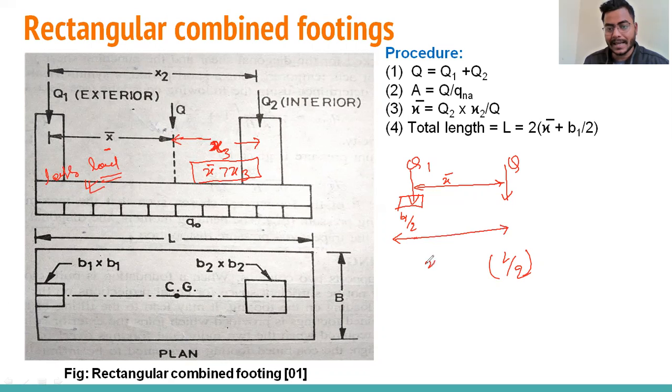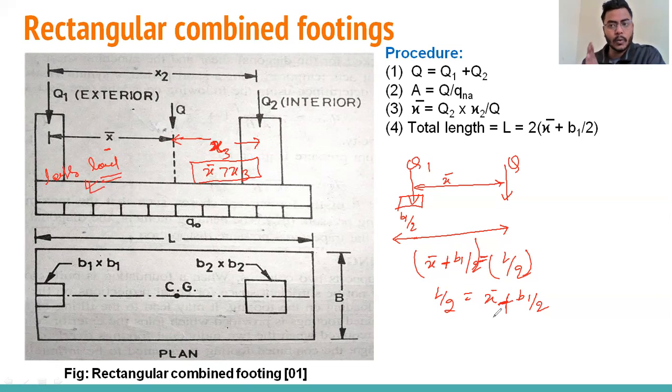So that would be x bar plus B1 by 2, and we take this as the half length of the rectangular combined footing.